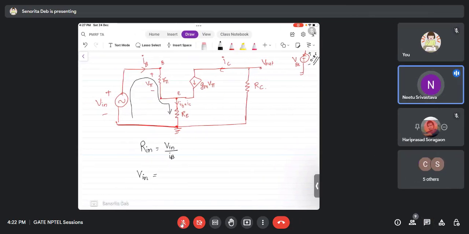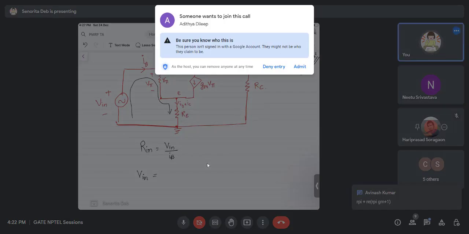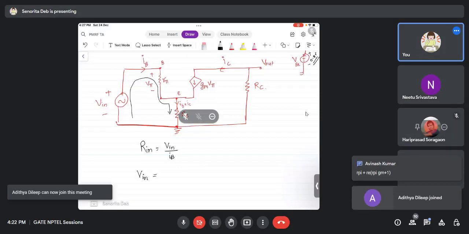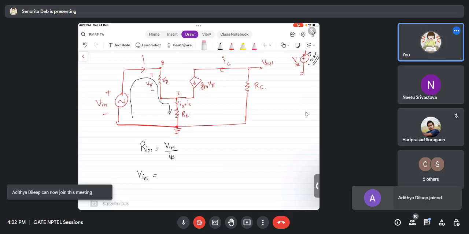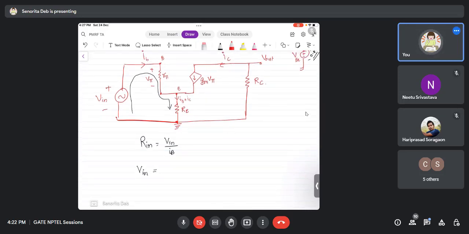Ma'am, you have written capital B. Rin is equal to Vin upon IB. That doesn't matter, it's just a notation. You can write it as small b. So the first equation is Vin equals V pi plus IB plus IC into RE.